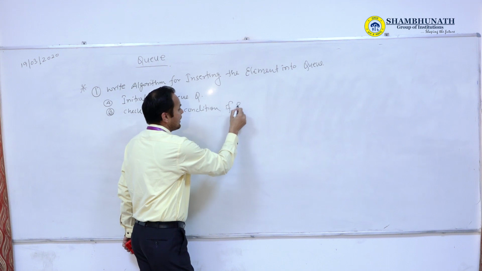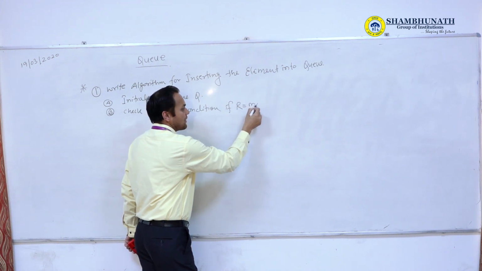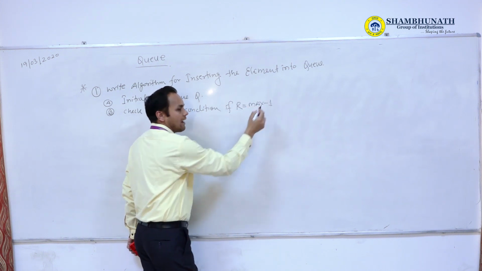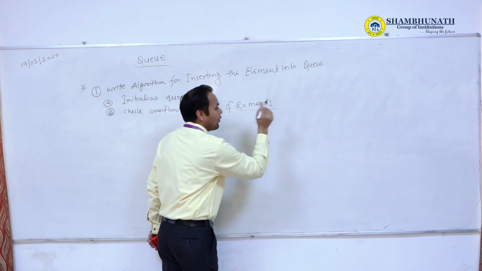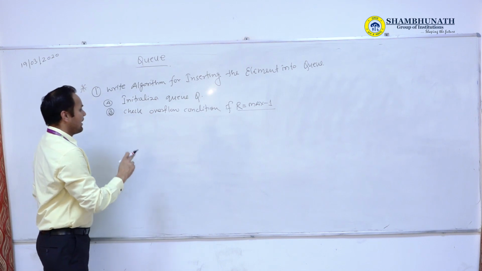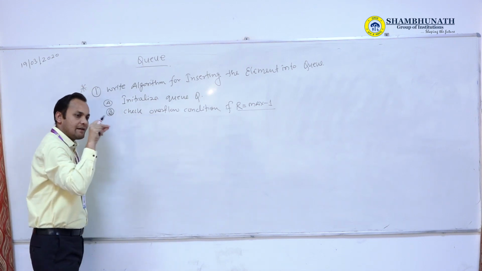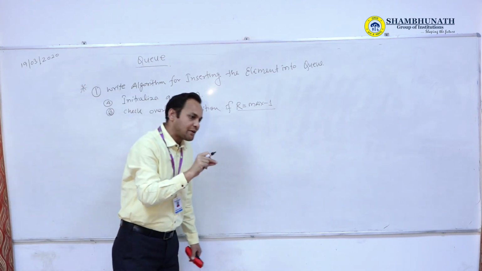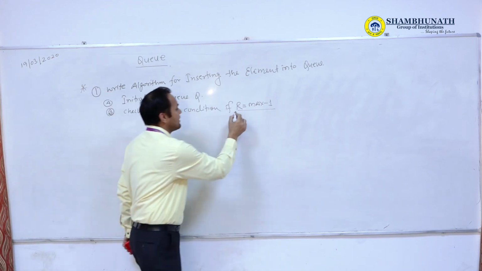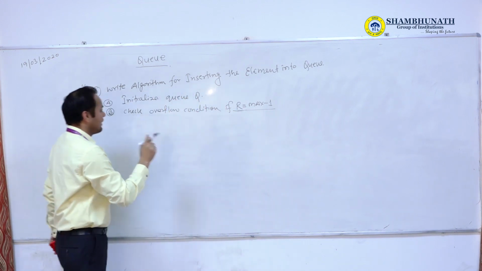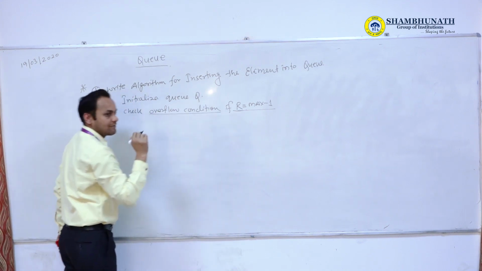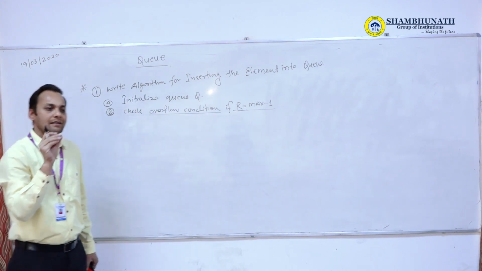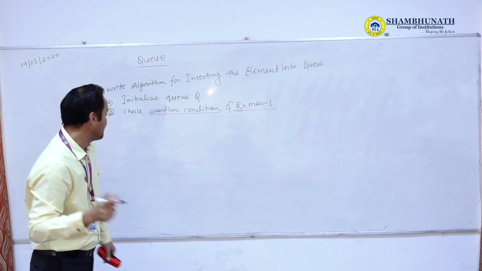If R equals max minus 1, this condition I have already discussed. This represents the overflow condition. If we are inserting an element in a given queue and this message is shown, the condition represents overflow. That means we cannot insert another data element in the given queue.